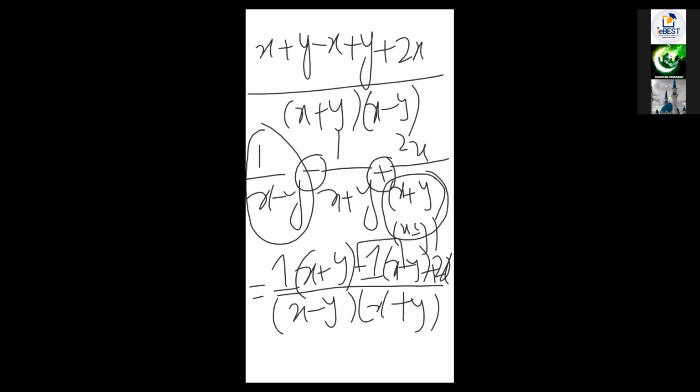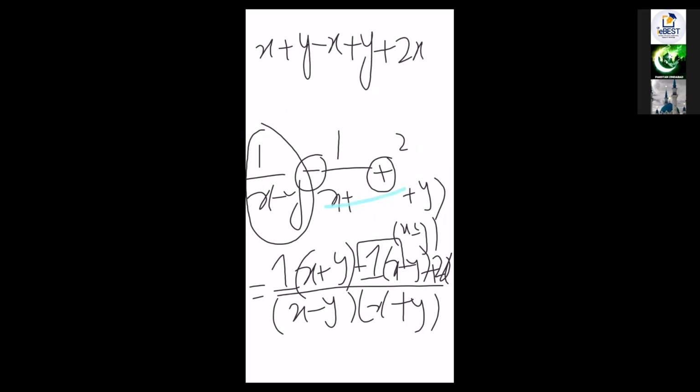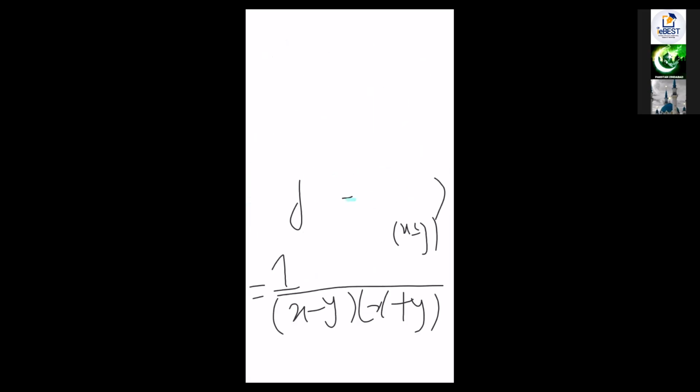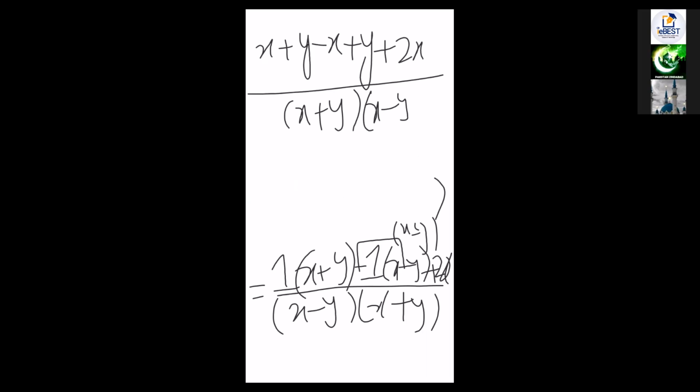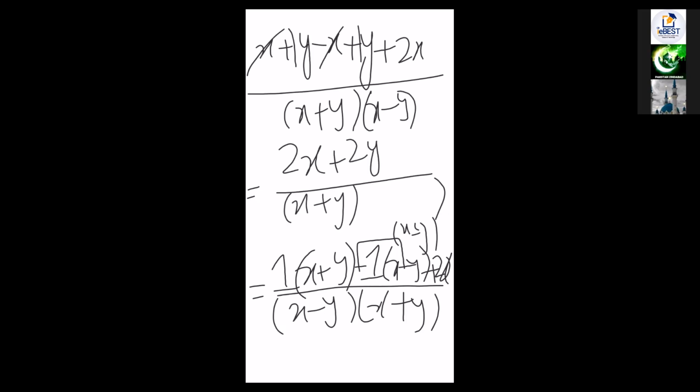Yeah. Okay, now let me erase this step. Now see, minus x and plus x do get cancelled. So what is left behind is y and 2x. Now see, one coefficient over here and one coefficient over here. It means we're going to write 2x plus 2y divided by x plus y and x minus y.